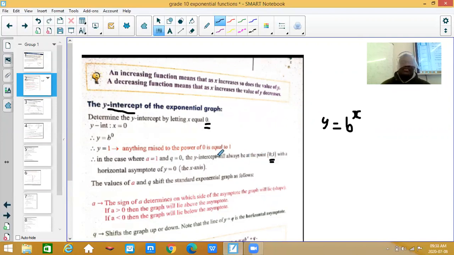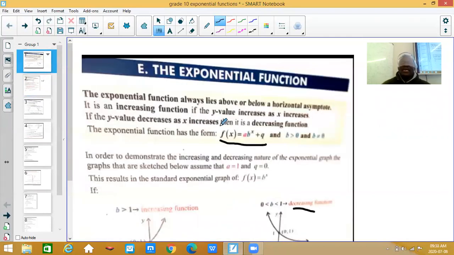As long as our value, because when we look at our function, we said a, take note, even on the previous numbers that we had, when we looked at the quadratic function in grade 10, we looked at a times something.